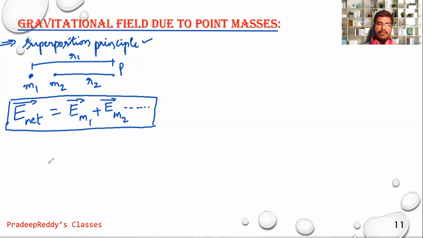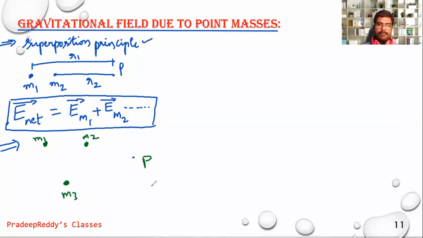For example, you can take different masses situated at different places. You can take one mass here, another mass here, another mass here, and I can consider a point P. This is mass m1, this is mass m2, this is mass m3.